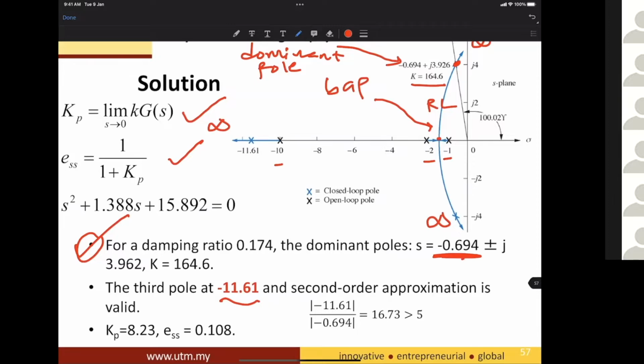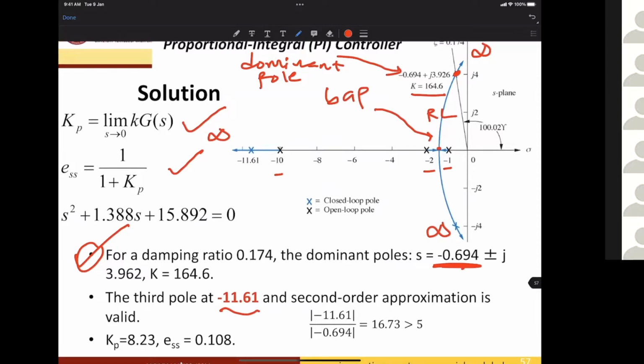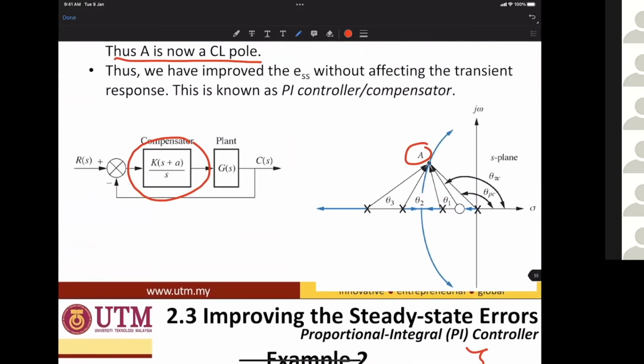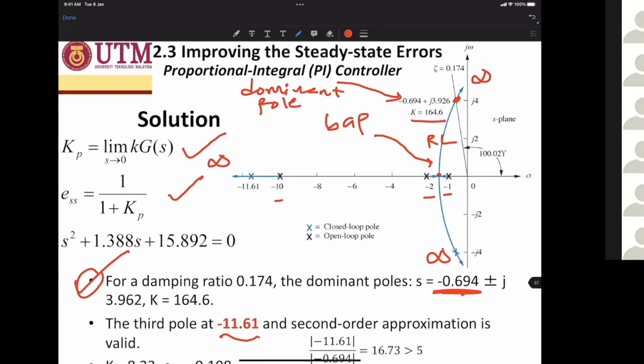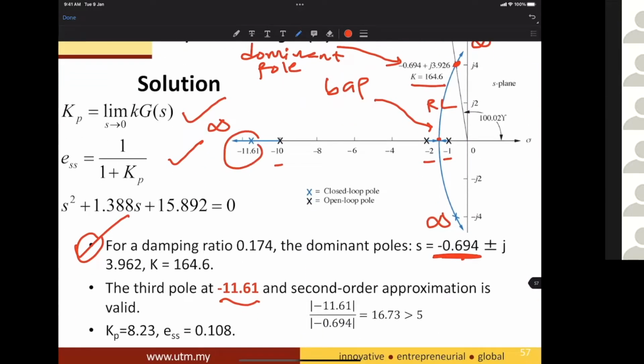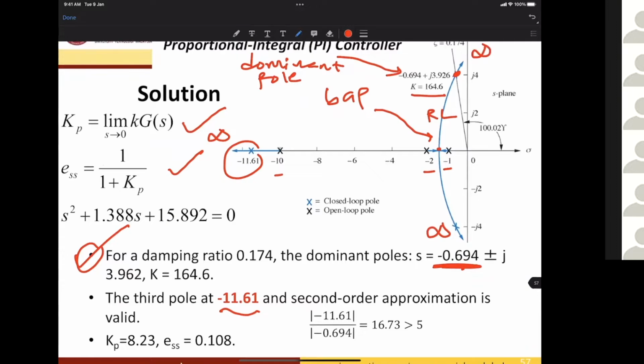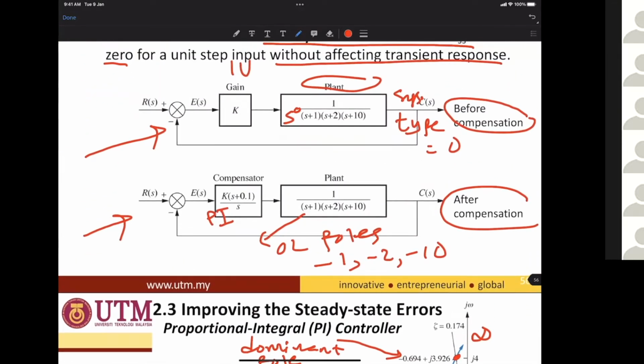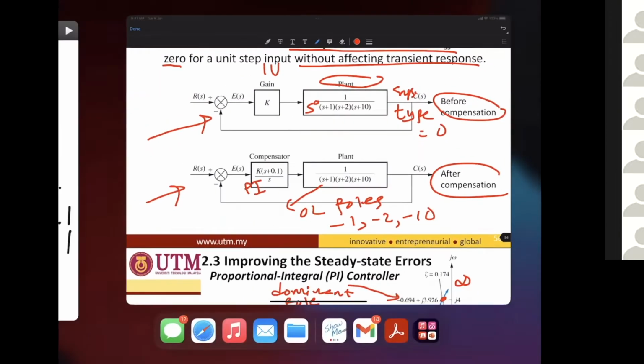Jadinya macam mana dapat minus 11.61 ni? Macam mana dapat nilai minus 11.61 iaitu third pole ni, iaitu daripada characteristic equation. Okay, characteristic equation ya. Jadi saya tunjukkan.